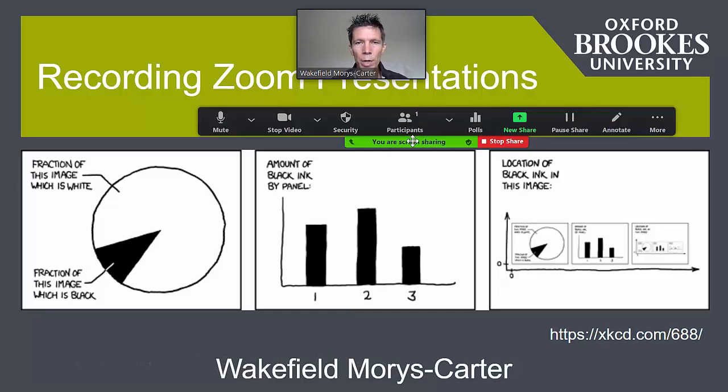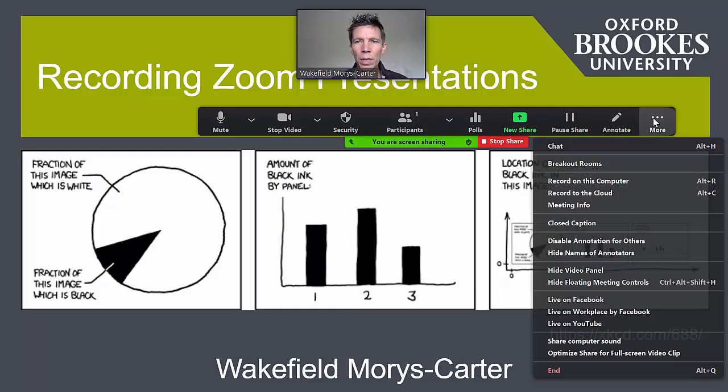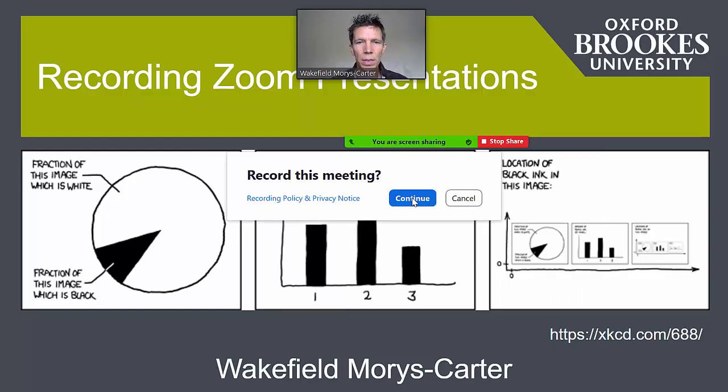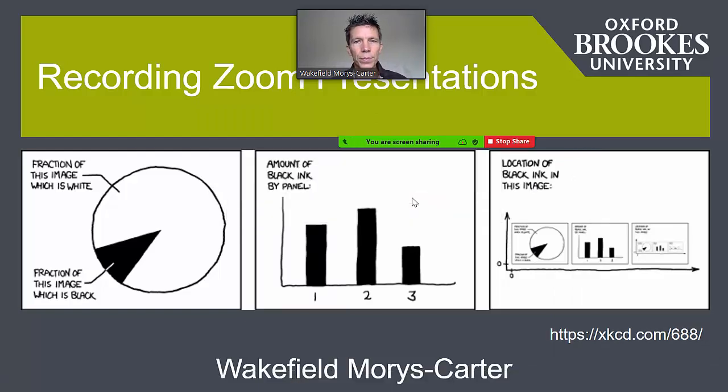If I hover over where it says you are screen sharing, I get the menu and I can click on record to the cloud. Continue. This meeting is being recorded. And now I'm ready to go.